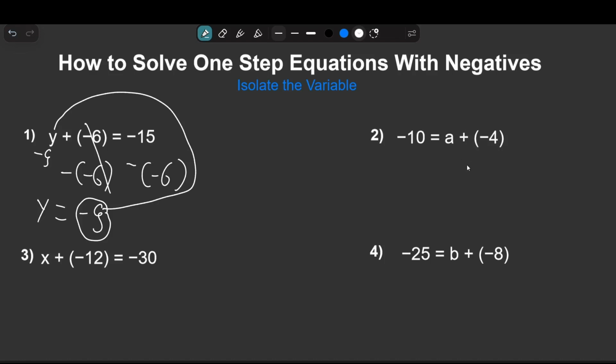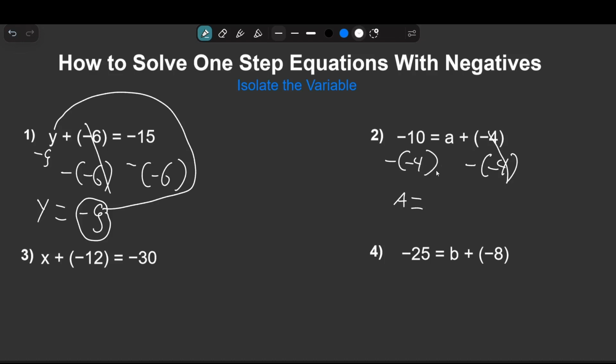So we do it like this, minus 4 again. So this cancels each other out, so we are just left with the a, with our variable. Now we have to do the same thing on the other side of the equation. So again, we do minus 4.